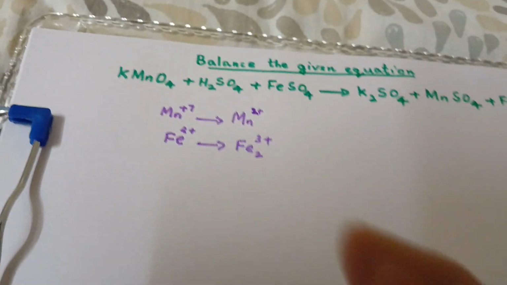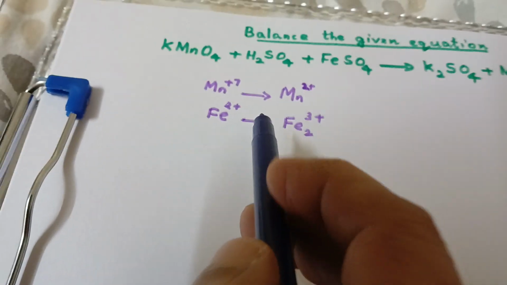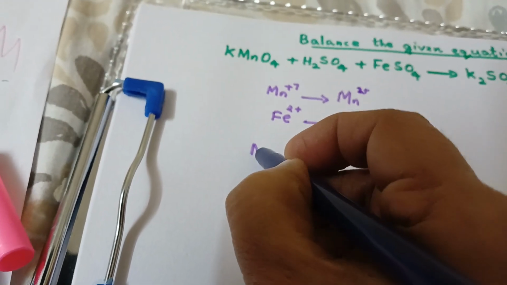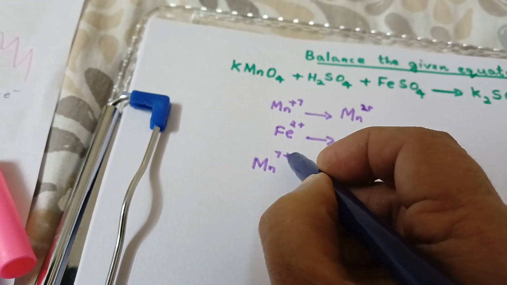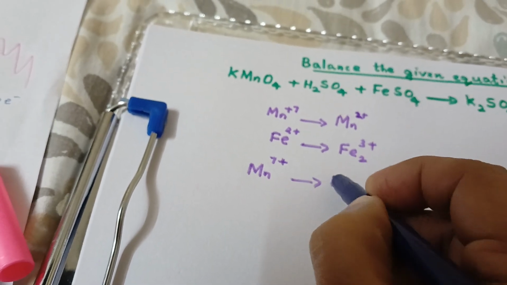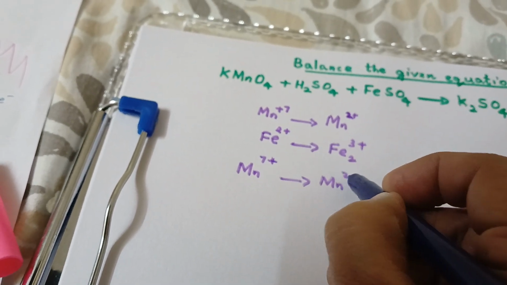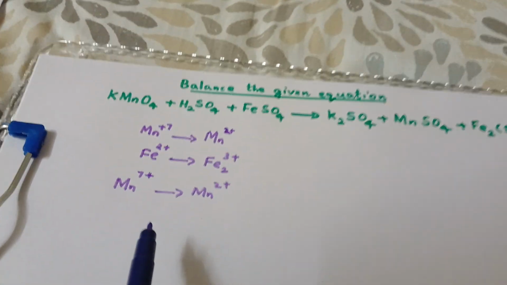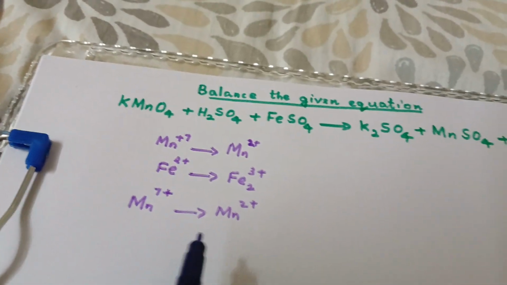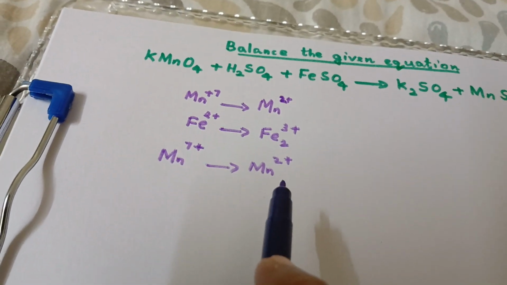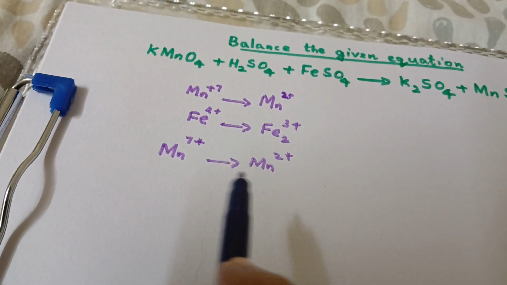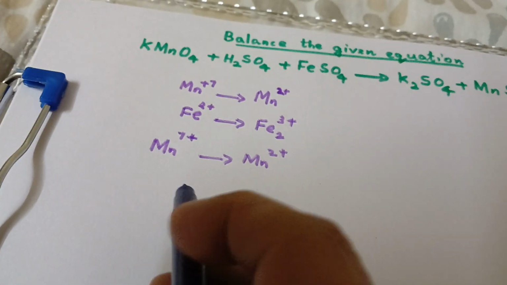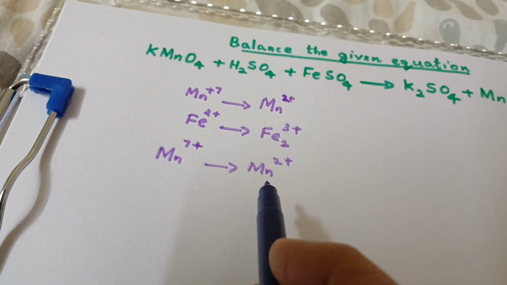Now let us take each of these equations, that is Mn 7+ giving Mn 2+. There are no other atoms, oxygen or hydrogen, only 1 atom of manganese on both sides. But we have to balance the charges.